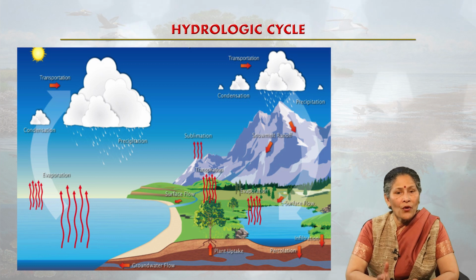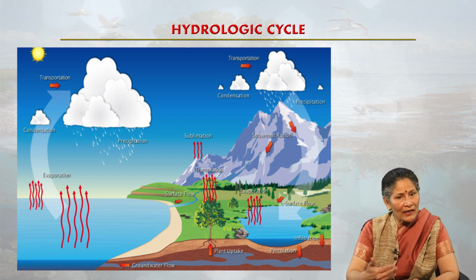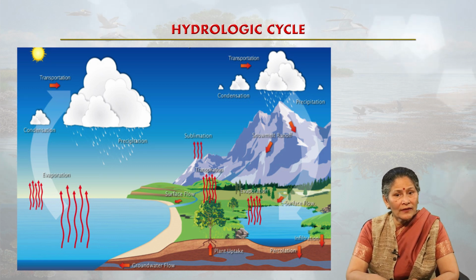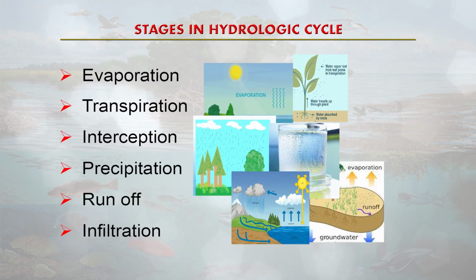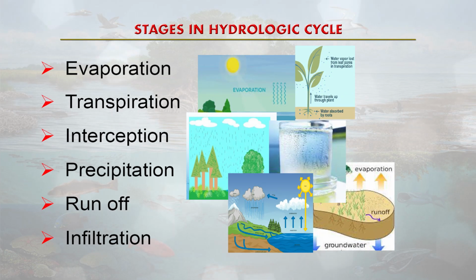Until and unless water evaporates, the cycle will not begin. During the hydrologic cycle, there is transfer of heat around the earth, moderating extreme conditions of temperature. The stages in the hydrologic cycle are evaporation, transpiration, interception, precipitation, runoff and infiltration. We shall see what all these mean.